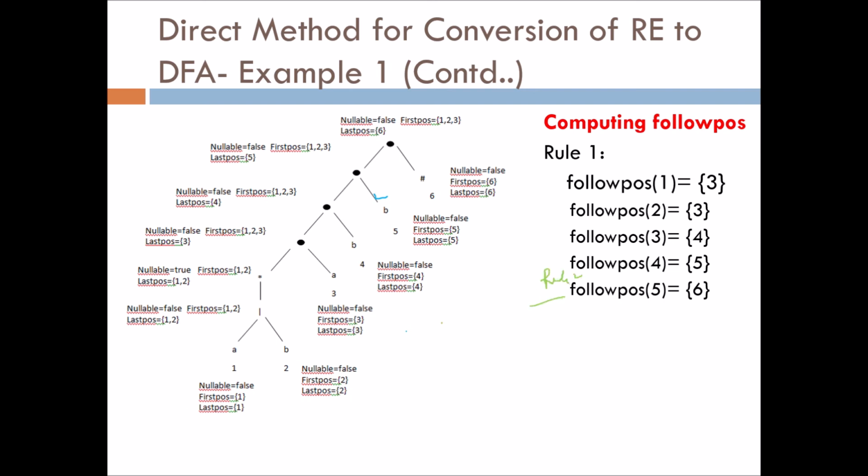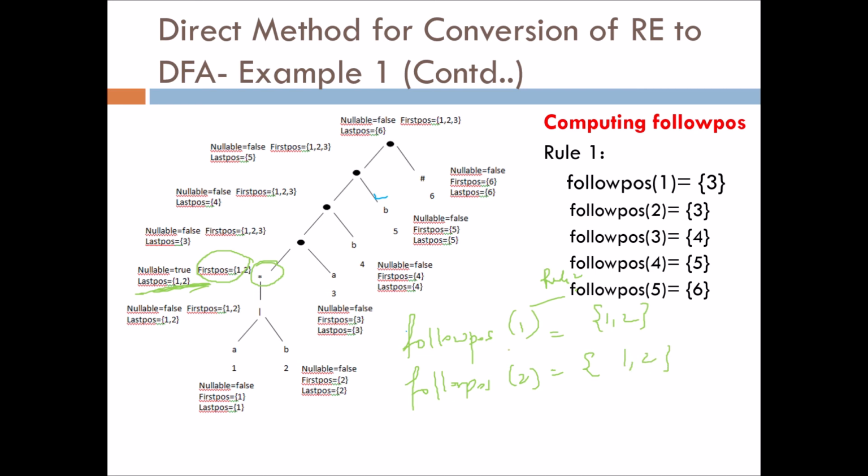So rule number 2 applied on the star node, you have to consider the last pos values from here itself. So that will be I. So follow pos of 1 and again follow pos of 2. And the value here should be coming in from the first pos value of this node itself. So I have 1 and 2 here.